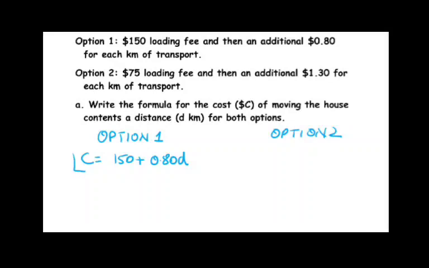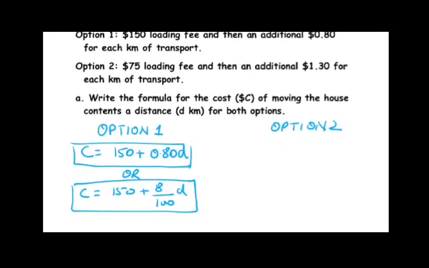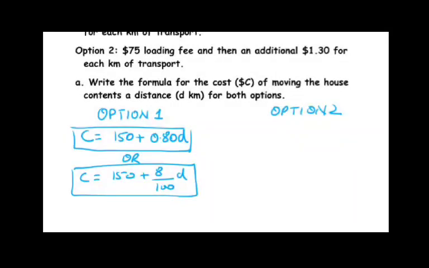So this could be one expression, or this could be 150 plus 8 upon 100d. Another option. I mean, you can use any of these expressions, these equations all work well.